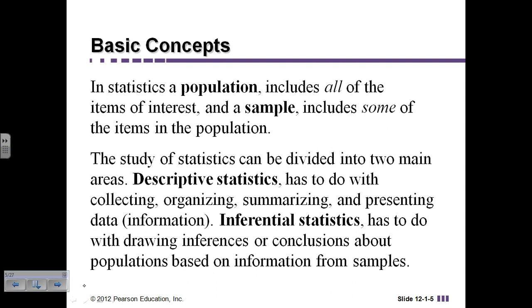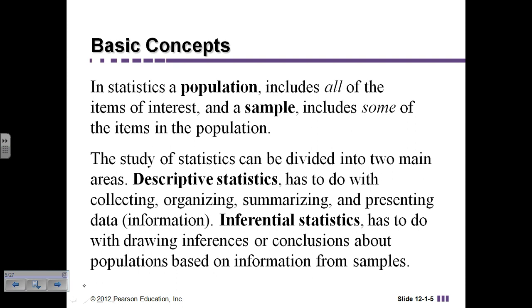So sometimes it's difficult to establish a population of data because you have to be able to get to all of the individuals in that population. Whereas a sample, as long as you have a reasonable number of items from that population, then you can get a pretty good idea of how things are going to work.